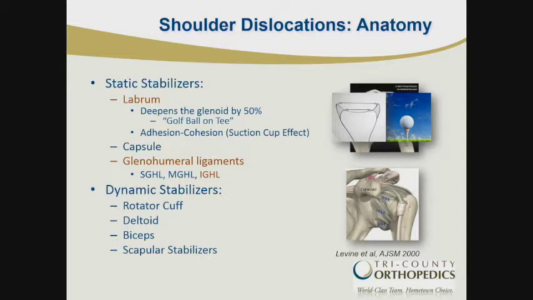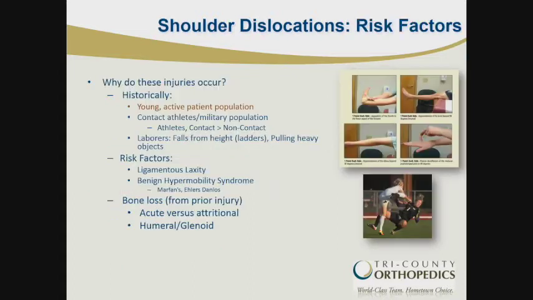Also, there are important ligaments throughout the shoulder that confer stability, the most important being the inferior glenohumeral ligament. There are also dynamic stabilizers of the shoulder, which include the muscles: the rotator cuff, the deltoid, the bicep, and the scapular stabilizers. That's why sometimes with shoulder instability, we'll send a patient to physical therapy. Well, that's not going to help their static stabilizers. That's going to help their dynamic stabilizers, and that's the intent of that.